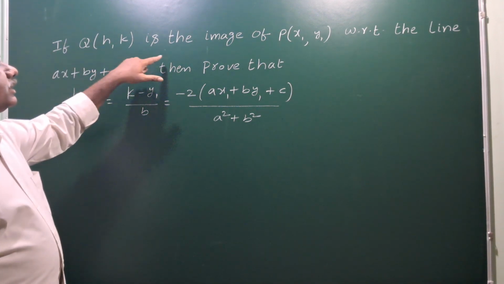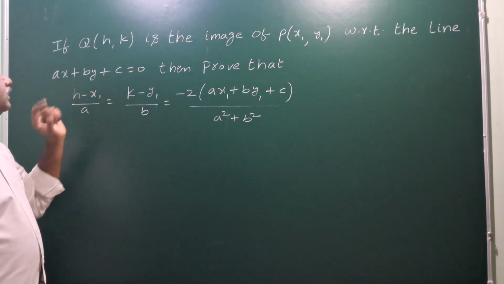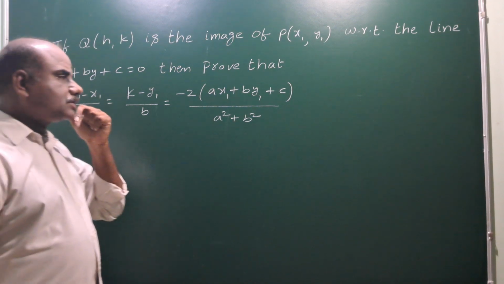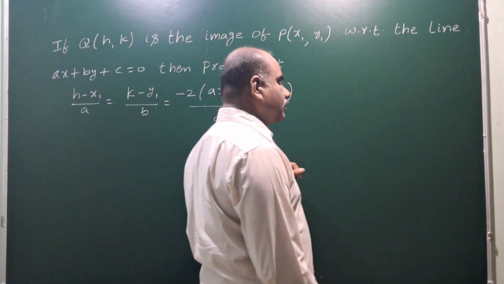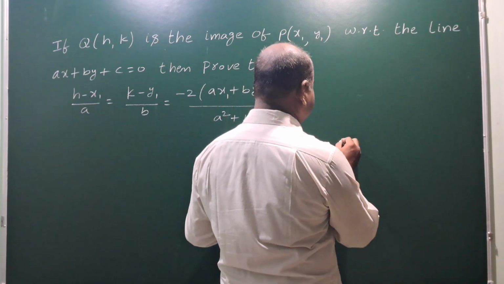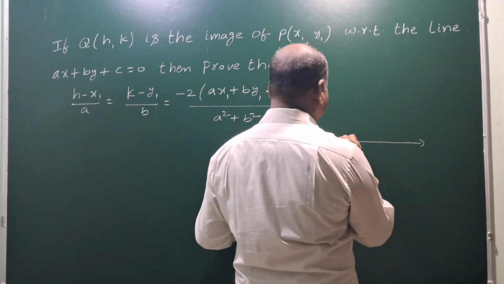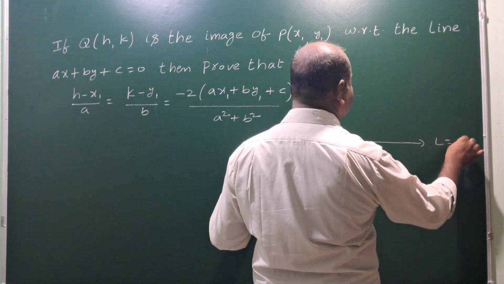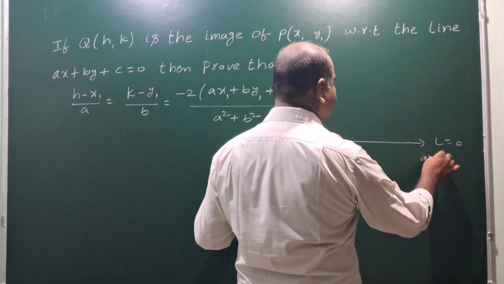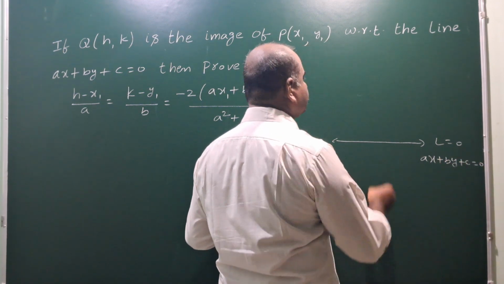Q(h, k) is the image of P(x1, y1) with respect to the line ax + by + c = 0. So with this statement we can draw a rough diagram like this. Let us take a straight line L = 0. L means here ax + by + c = 0.